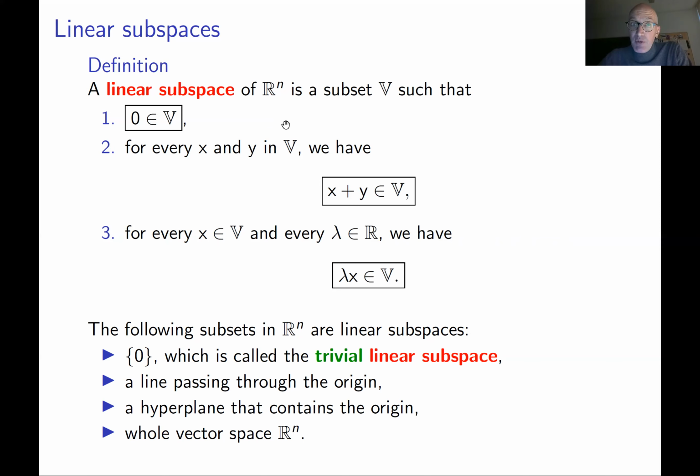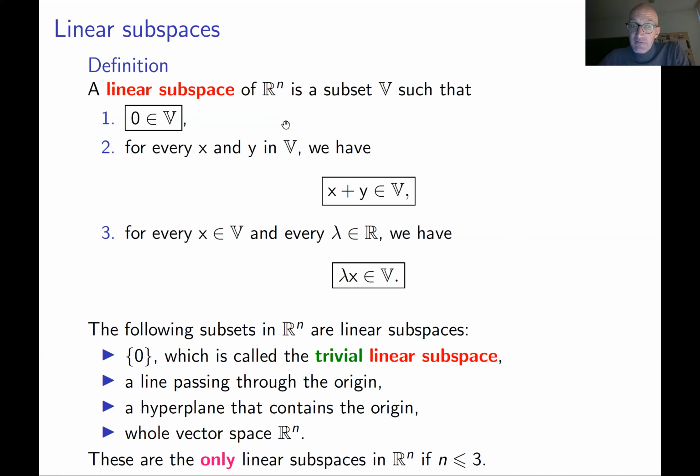A line through the origin in, for example, three-dimensional space is another example of a linear subspace. A hyperplane that contains the origin is also a linear subspace. We actually used properties of a hyperplane that passes through the origin to define a linear subspace. And finally, the whole vector space Rn, the whole n-dimensional space, is a linear subspace because the three properties are clearly satisfied.